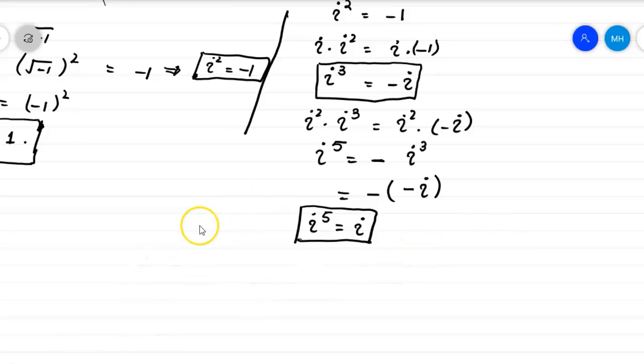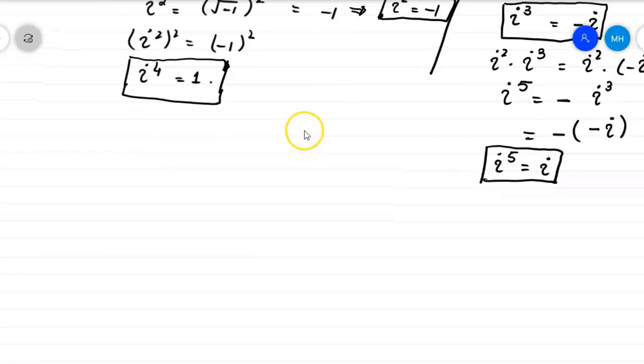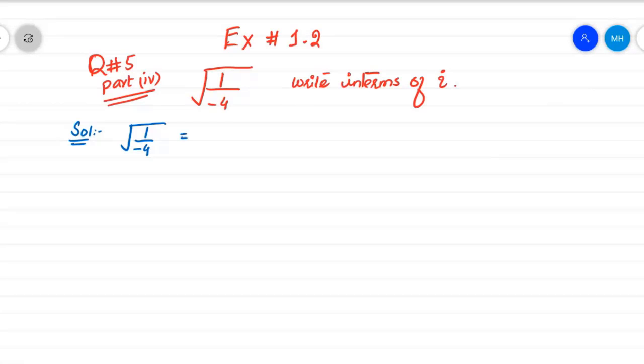You have an exercise. So let's do one question from your exercise, any random question. Okay, here we have a question, and we have to write this number in terms of iota. So first we have to break this fraction into numerator and denominator. So I'm going to write square root of 1 divided by square root of minus 4. Okay.